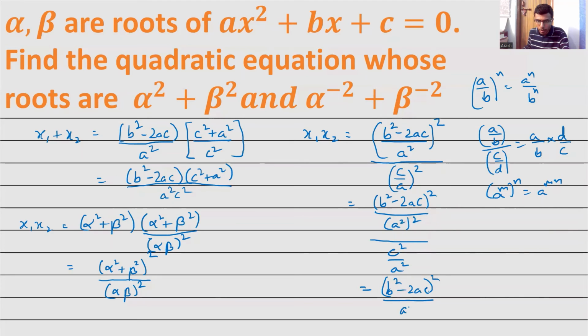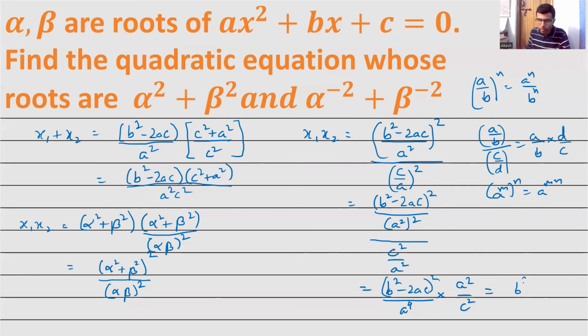Here I have a power 4 into, I told you, a by b divided by c by d is nothing but a by b into d by c. So I'd get into a square by c square. Now here I have a square, here I have a power 4. So if I cancel two a's, I'd be left with a square into c square here.